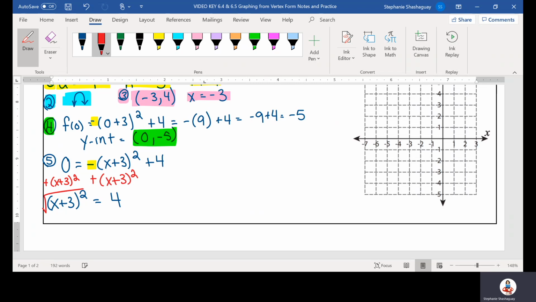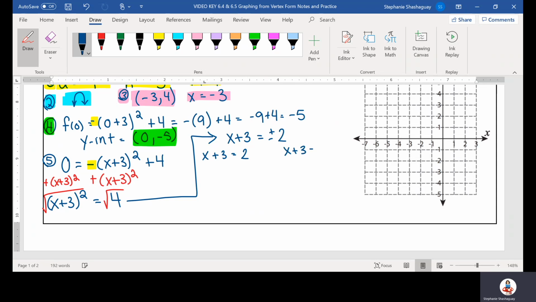Now I can take the square root of both sides, and I will get x plus 3 is equal to plus or minus 2, because the square root of 4 is 2, and then I can split that and solve. So x plus 3 is equal to a positive 2, and x plus 3 is equal to a negative 2.